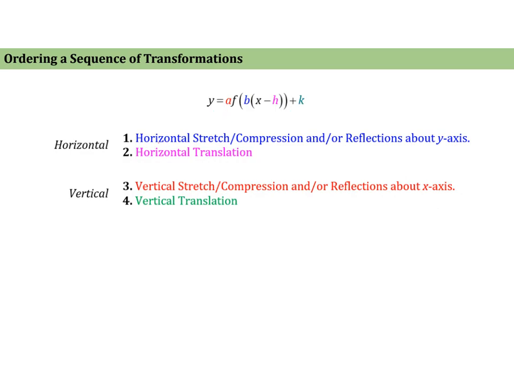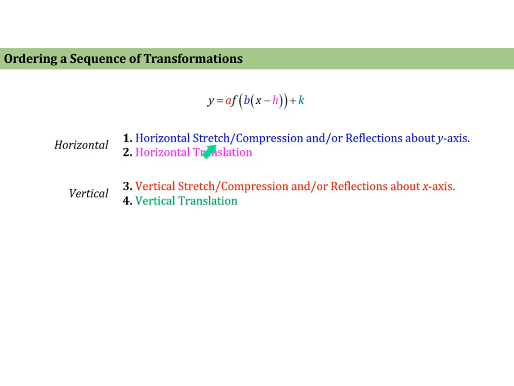With regard to the input, notice that we have to factor out so that the leading coefficient of our x is 1. Whenever we do that, the horizontal transformations will be first what's outside, and then we work our way inward. And then once we get outside of the parent function, we work from our transformations that are vertical, stretching and compression and reflections, then to our translations.